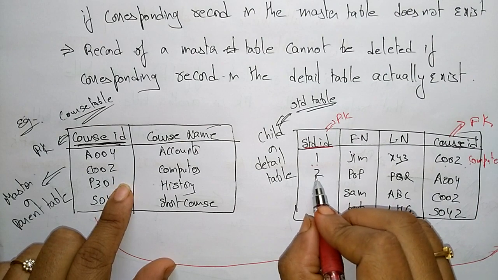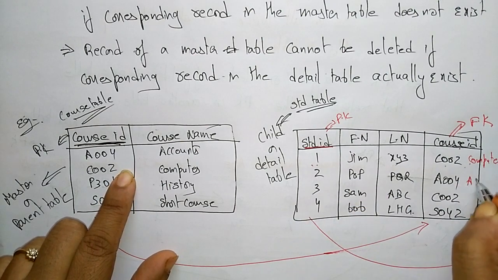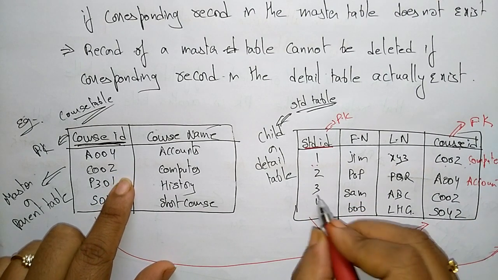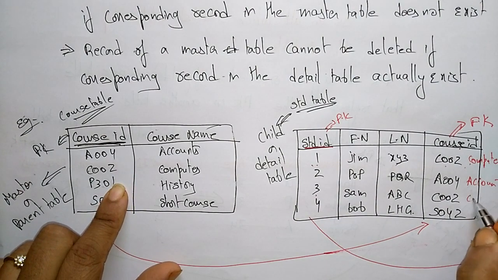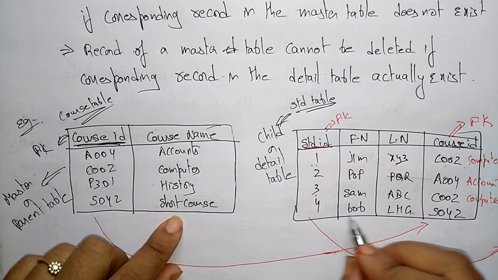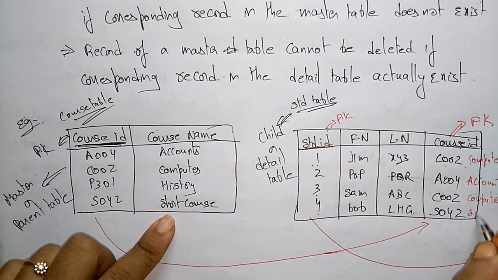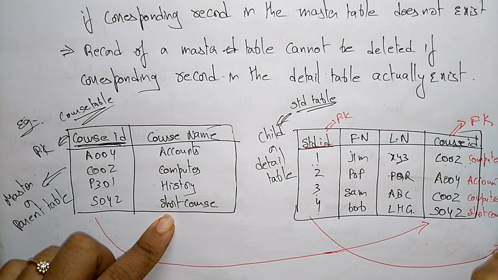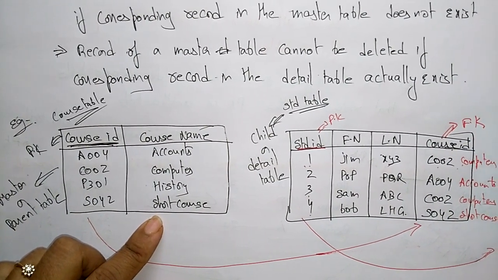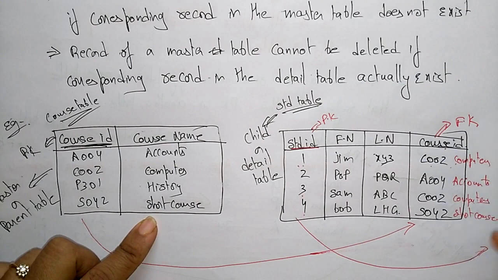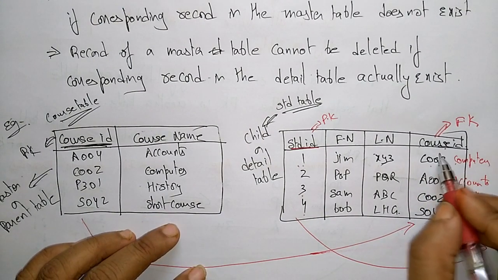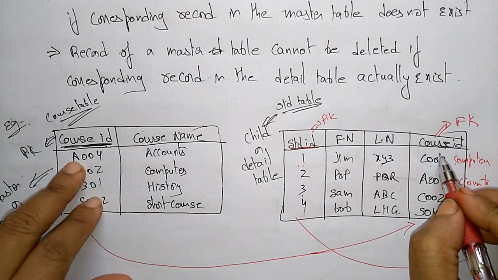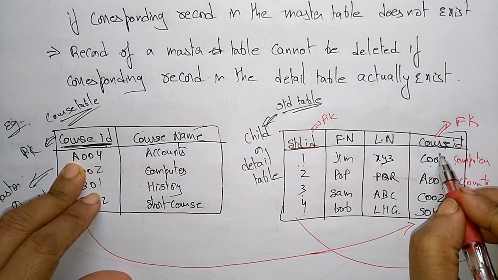Student ID 2 joined accounts. Student 3, Sam, again joined computers, meaning he is another person. And student 4 joined the short course. So two students joined the computer course, and one each joined accounts and the short course. So this key is a foreign key, whereas it is the primary key in the parent table.